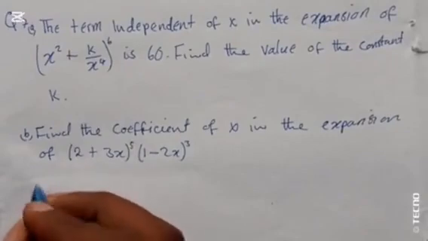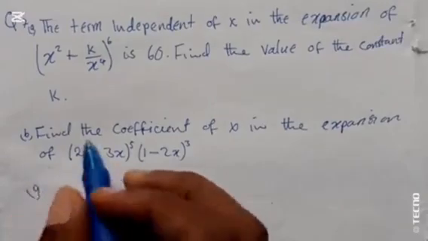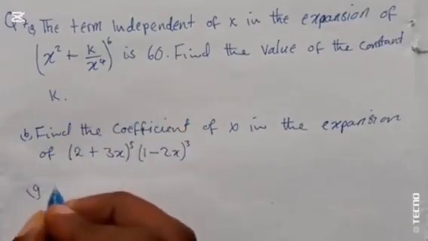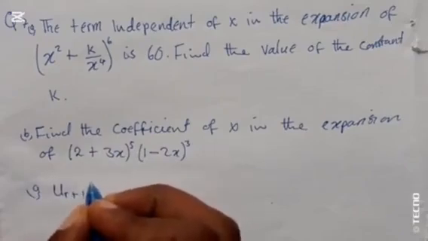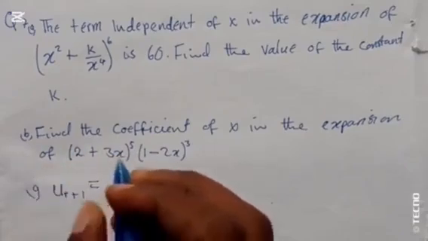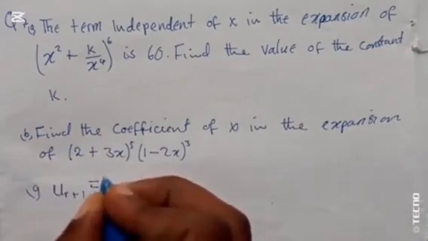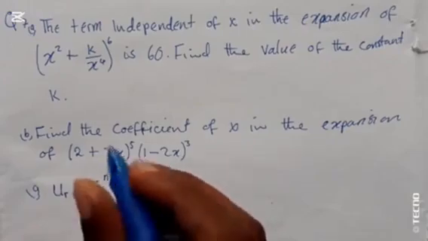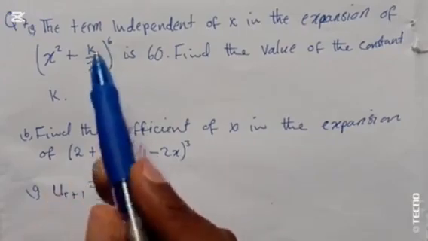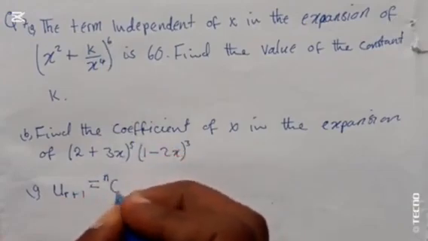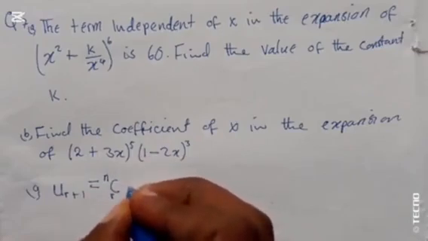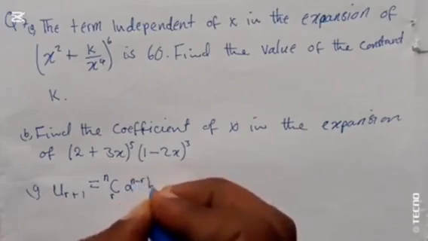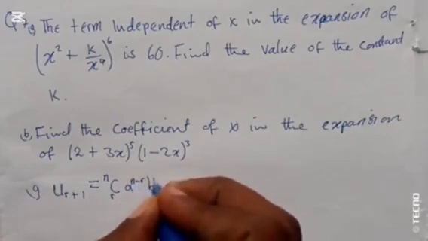So writing this, the (r plus 1)th term is equal to n combine r, then a to the power n minus r, then b to the power r.